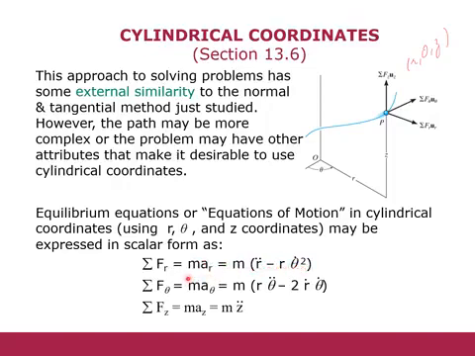Similarly, all the forces in transverse direction and z direction will create the motion along the theta and the z direction, and these formulas we have studied in the previous section. So these are the equations for Newton's second law of motion in cylindrical coordinate system.